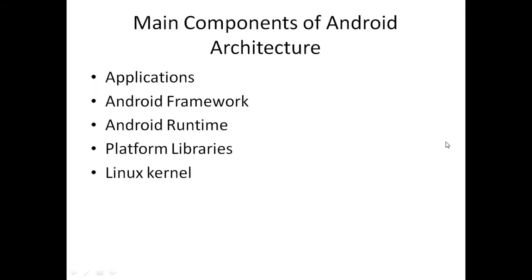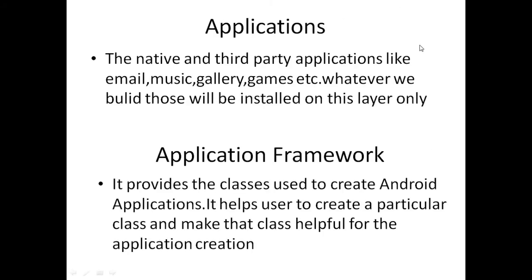So let me start. As shown in the diagram, the main components of Android architecture are applications, Android framework, Android runtime, platform libraries, and Linux kernel. The topmost layer of Android architecture is the applications layer.